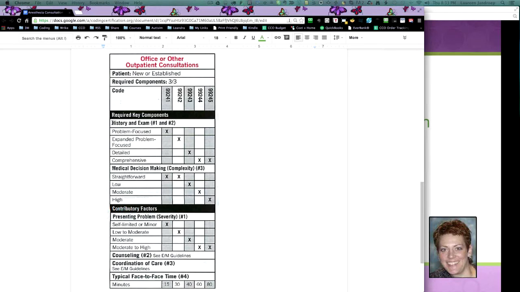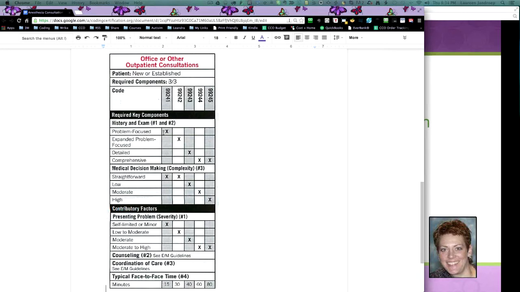So here it's talking about history and exam elements, and then the bottom is medical decision making. If you have a problem-focused history, which would correspond with a low level of HPI, the highest you can get is a 99241. Because this is the 3 of 3 situation. You have to have all 3 elements met.